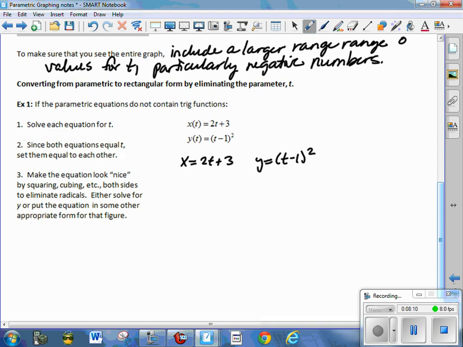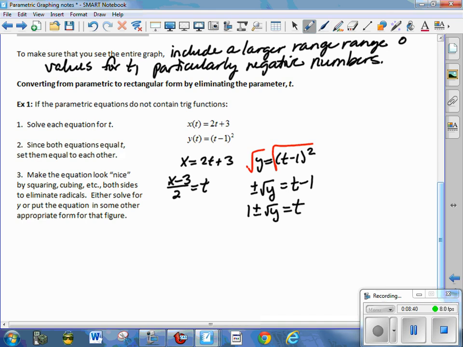So solving the left-hand one, I would subtract 3 and then divide by 2. And that would give me my t. On the right-hand one, I would take the square root of both sides. Remember I have to use plus or minus. This would be plus or minus the square root of y equals t minus 1. If I solve this for t, this would be 1 plus or minus the square root of y is equal to t.